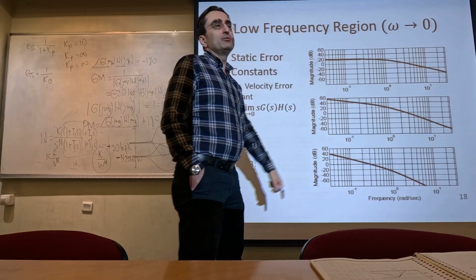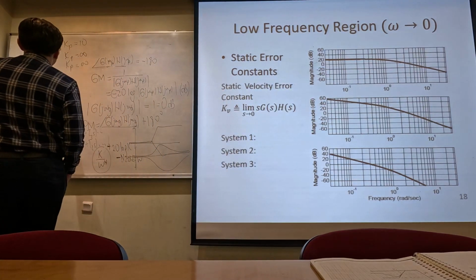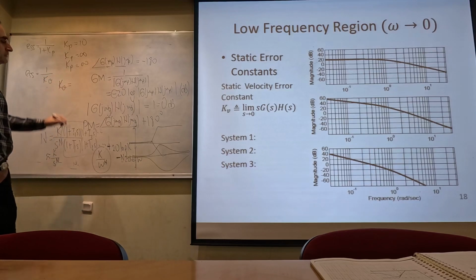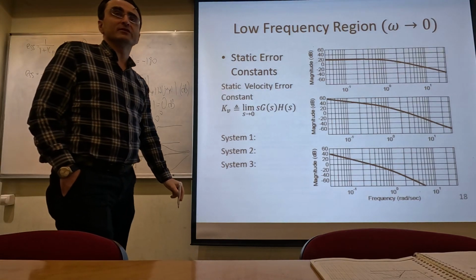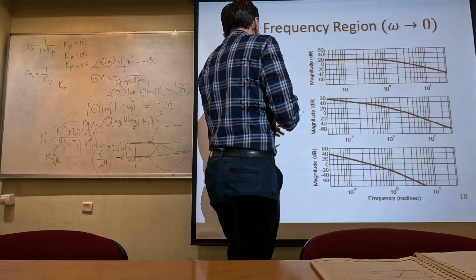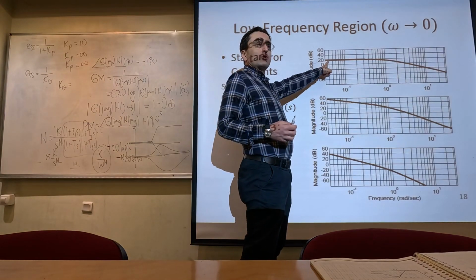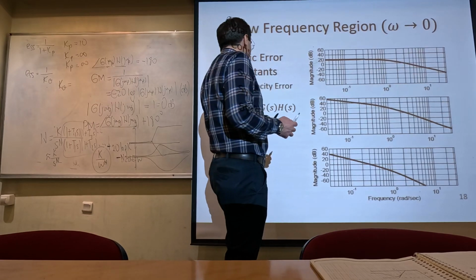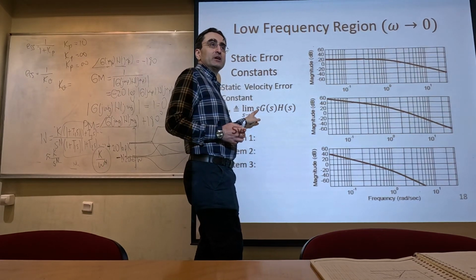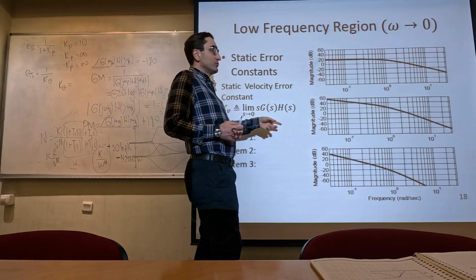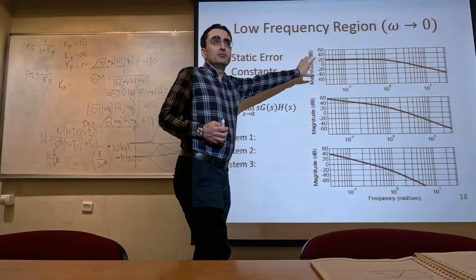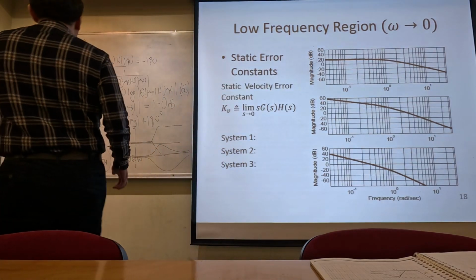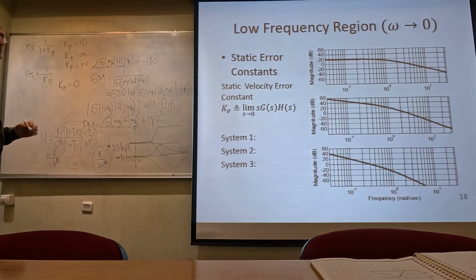What is Kv for that? It is going to be 0, because GH goes to a finite non-zero value here, and you are multiplying it with s, so when I let s go to 0, this gives me just 0. So Kv is 0 for the first system.